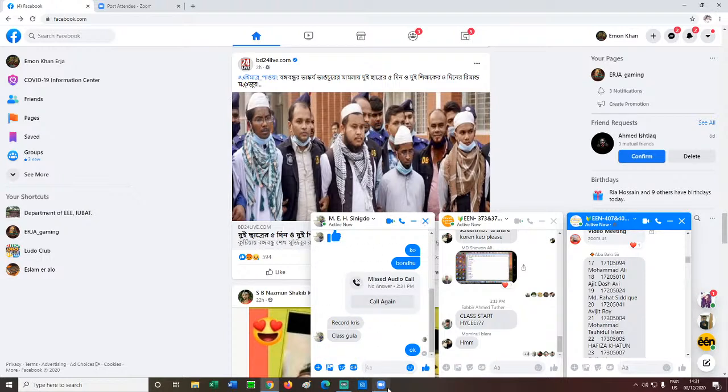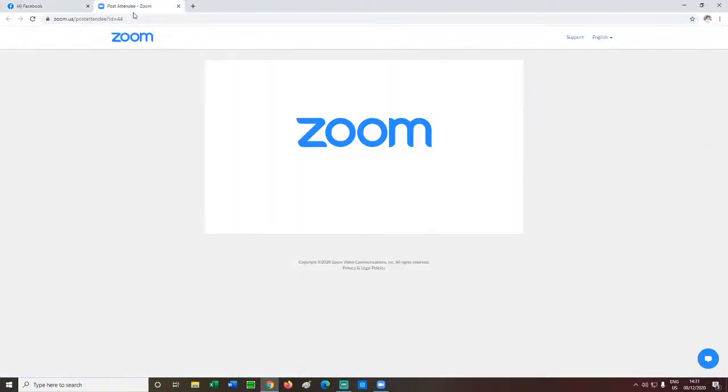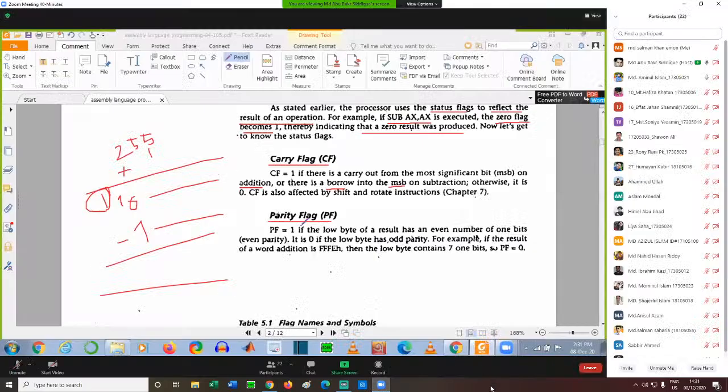So in 16 bit we have 2 bytes. So when will the parity flag become 1? Parity flag equals 1 if the low byte of a result has an even number of 1 bits.